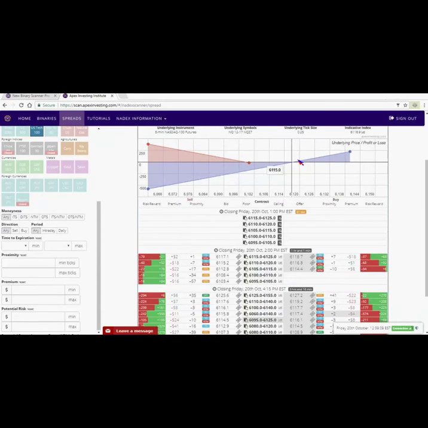Your proximity is, the underlying is here, but if you buy a spread here, you don't start out right here. It says 2 ticks above the market. So if you buy a spread, you don't start out right where the market is. You start out 2 ticks above where the market already is on a buy.